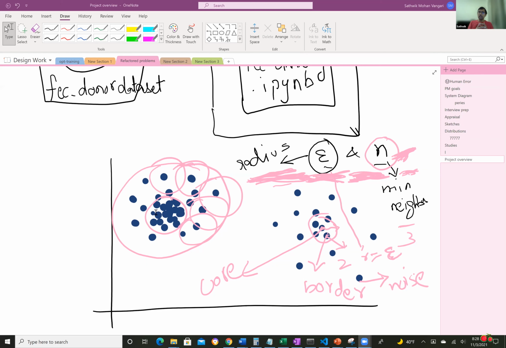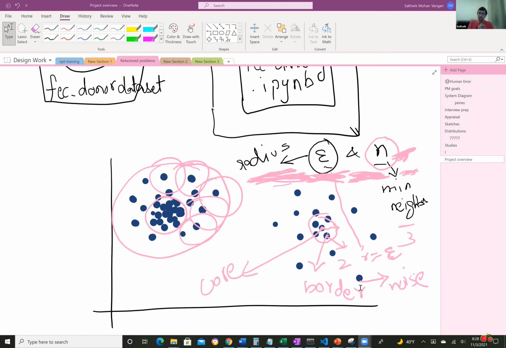And then there is a third condition where you draw the epsilon circle around the point. Neither does it have the minimum number of neighbors required, nor is it a neighbor of a core point in the cluster, in which case that becomes noise. So these are the 3 ways the points are classified, or rather identified, by the clustering algorithm.